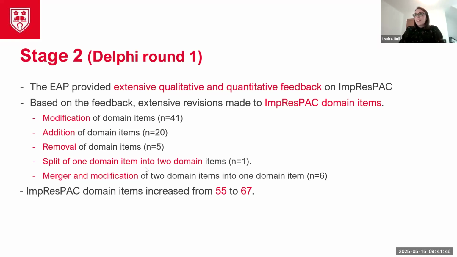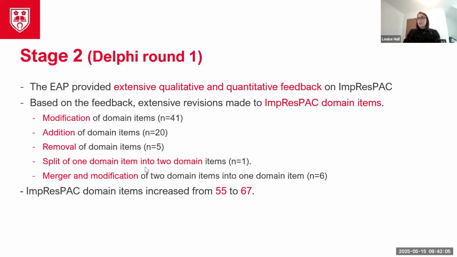So we modified 41 of those 55 domain items. We included an additional 20 domain items. We removed 5. We split one domain item into 2, and then we merged and modified a number of other domain items.